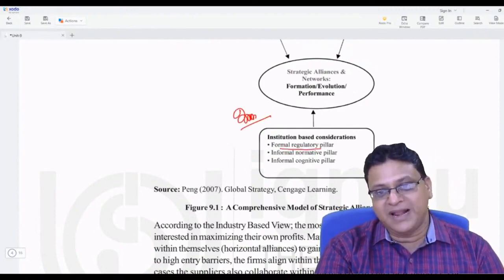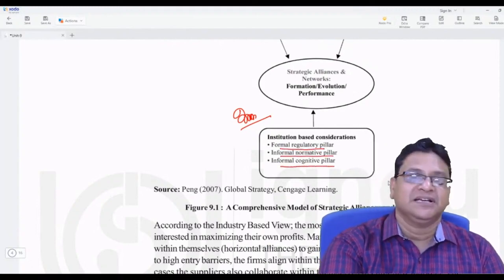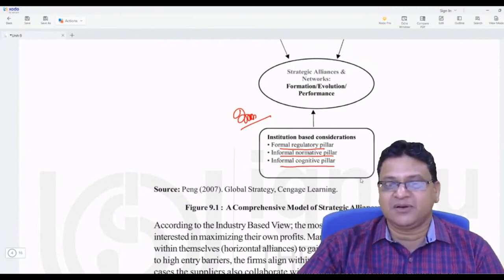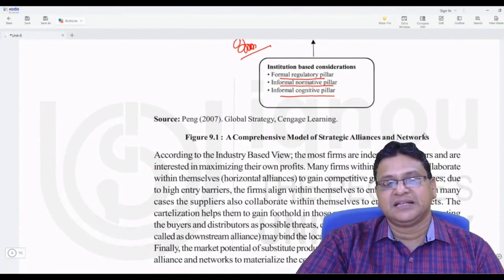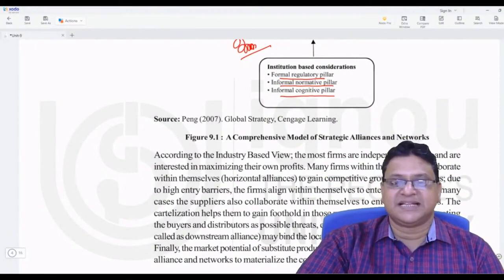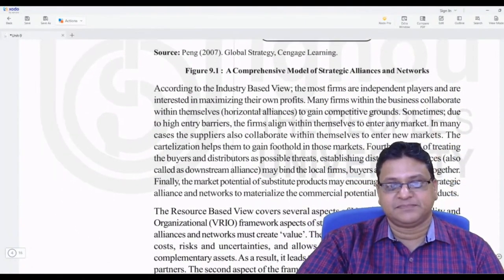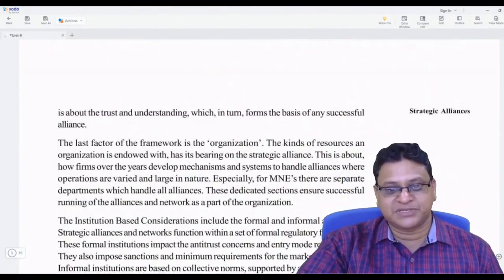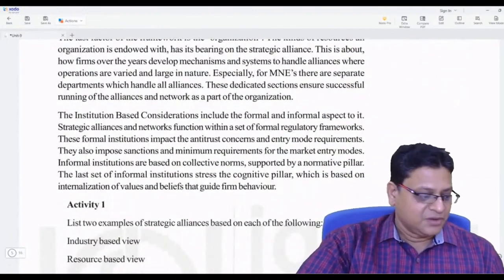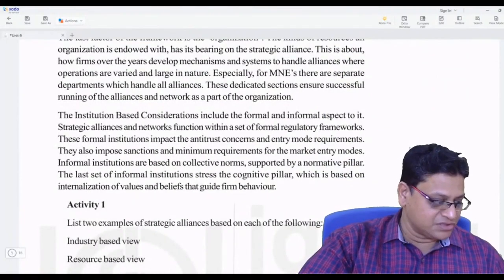One is formal regulatory pillars, informal normative pillars, informal cognitive pillars. These are the three considerations which influence global strategic alliance.